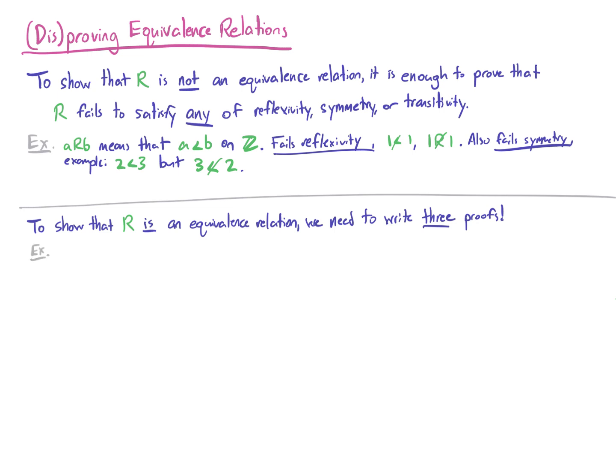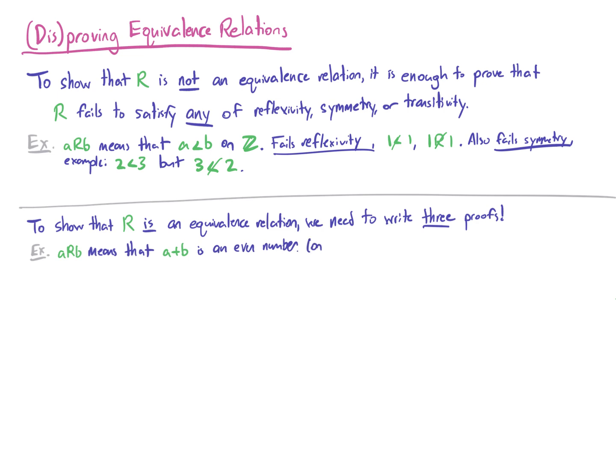Our relation this time, A is related to B, is going to mean that A plus B is an even number.